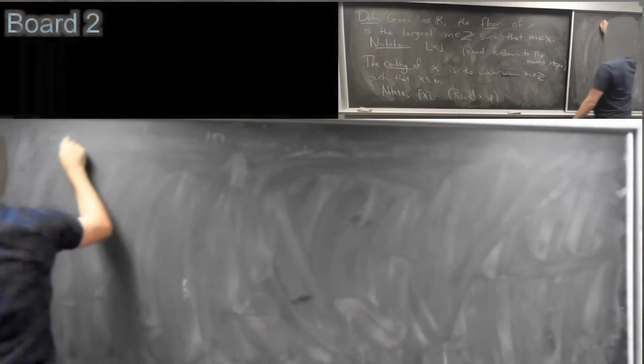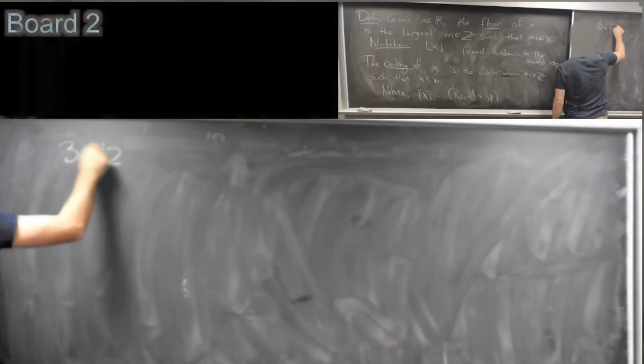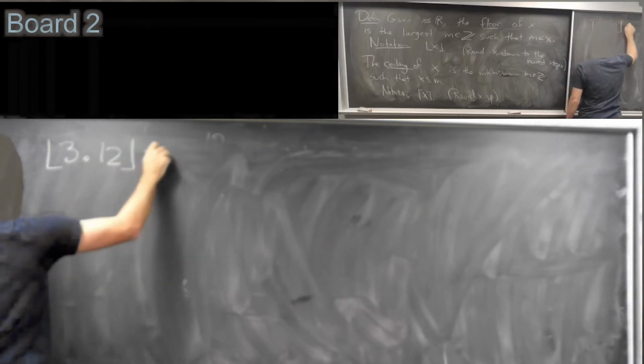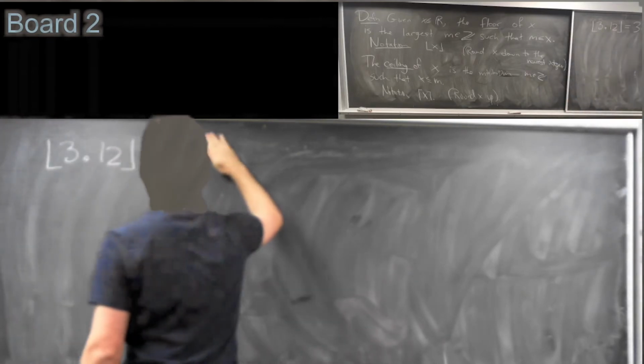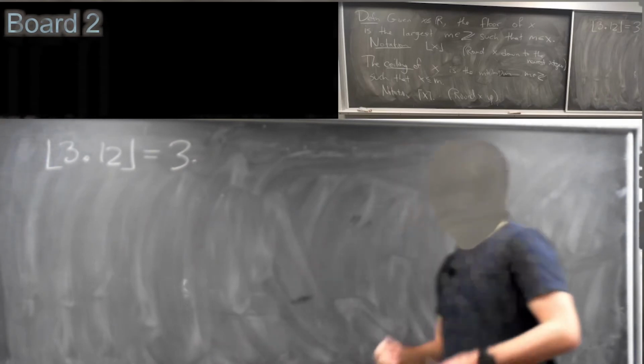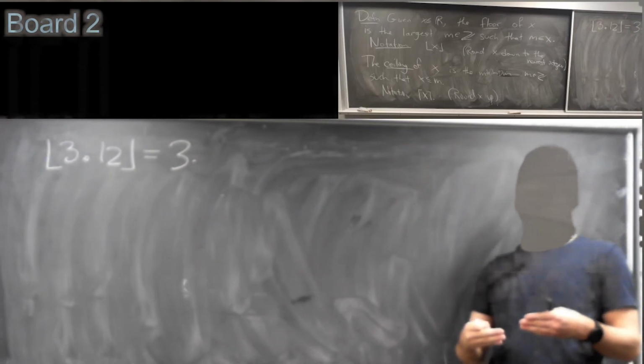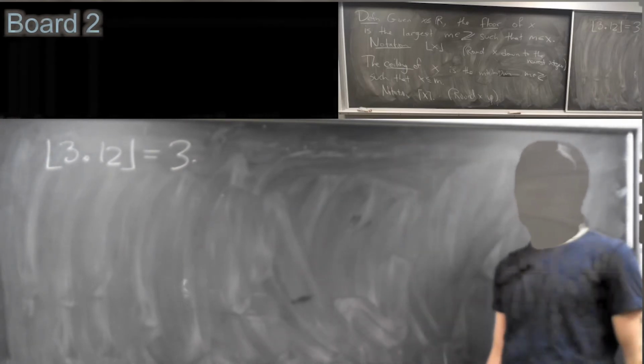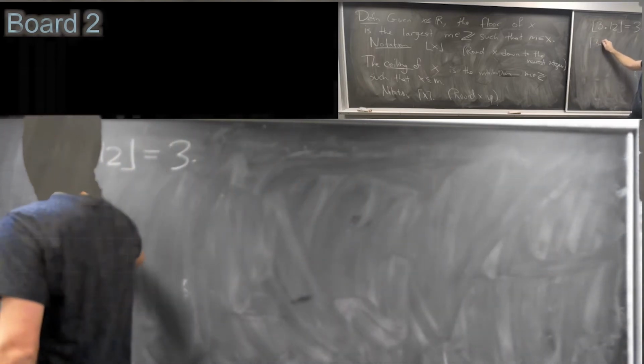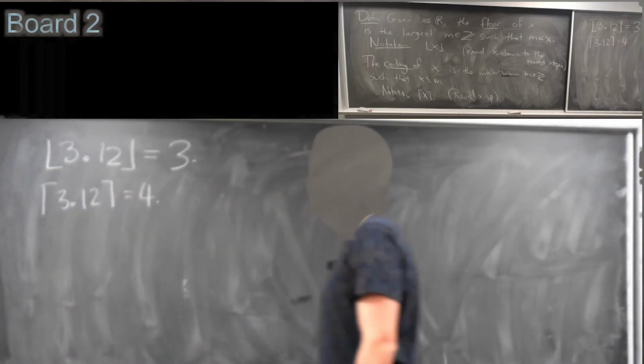So if I take 3.12 and I take the floor, that's just 3, right? It's the biggest integer which is at most 3.12, so it's rounded down. If I take 3.12 and take the ceiling, that's 4.